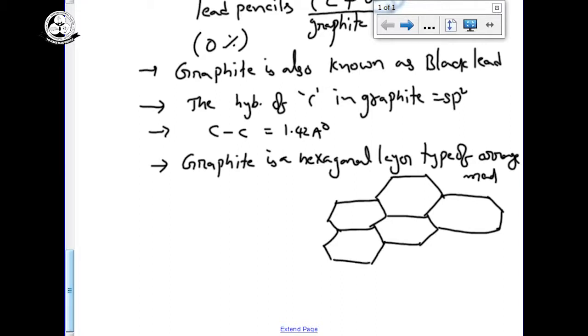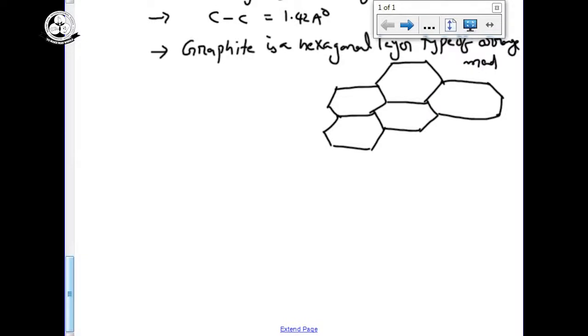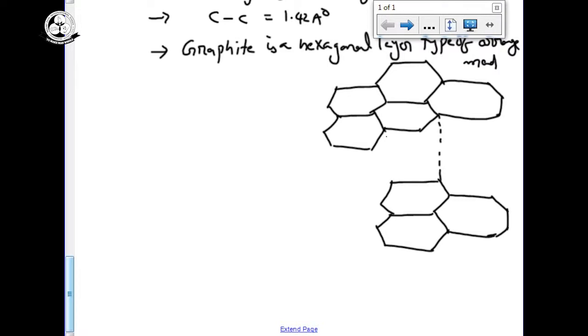Take one layer with another layer. There is a bond like this.